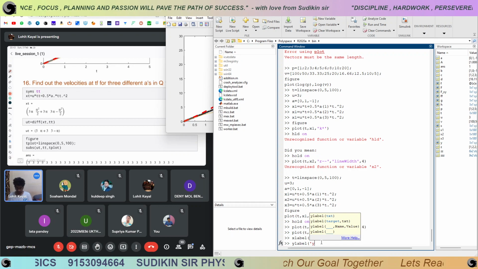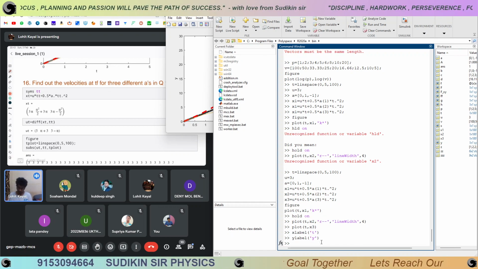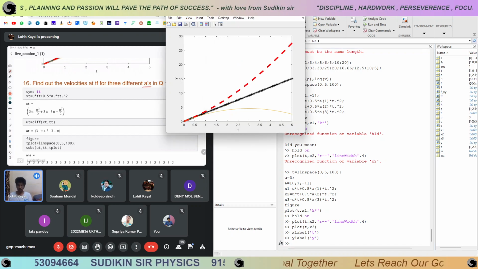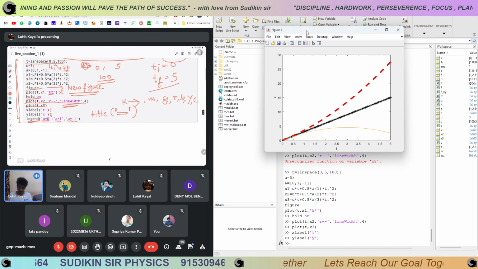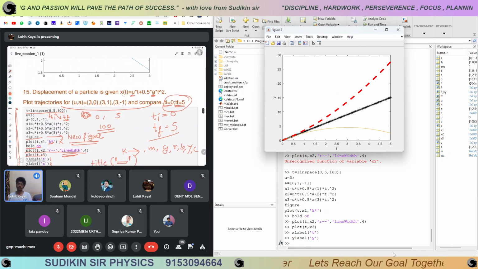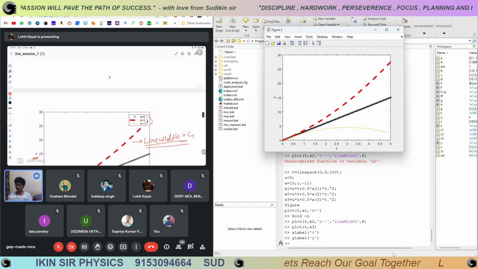Now again, find the velocities at tf, that is, at the final time, for three different accelerations in question 15. That means I have to calculate the velocity. I am given this profile, and I have to calculate the final velocity for these three cases.